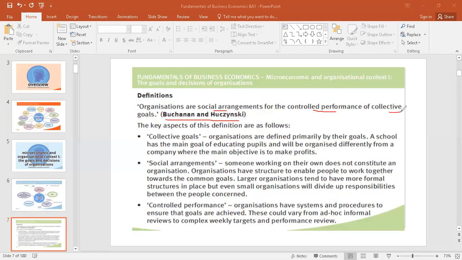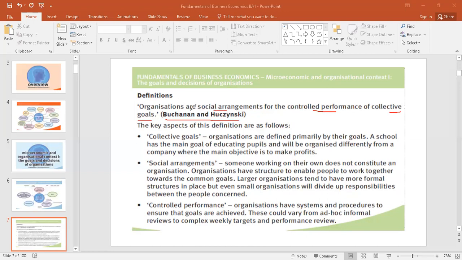So here, what do we understand? That the goal is not at an individual level, but when a group of people come together, it's a social arrangement. When we are talking about goals, first we have to clarify one thing: is it about one individual having a goal? You and I as individuals also have goals and objectives, some purpose which we want to achieve.